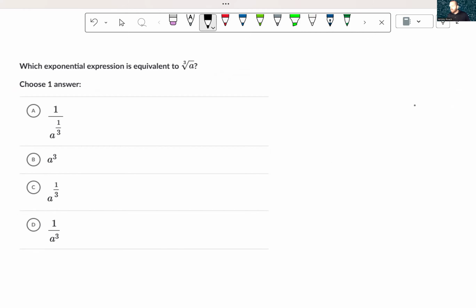So this would be the cube root of a to the power of one. And the rule for this is to write this as a fractional exponent. The numerator is the exponent inside of the radical, and the denominator is the index of the radical. We call that the index. So this is just a to the 1/3.